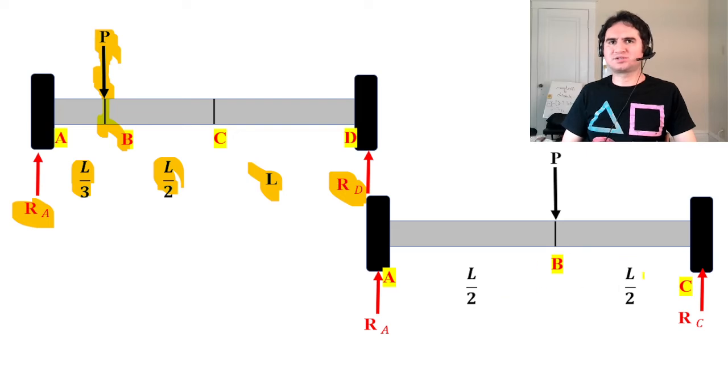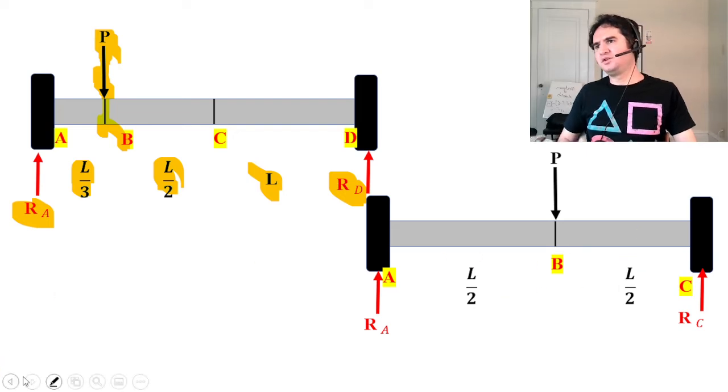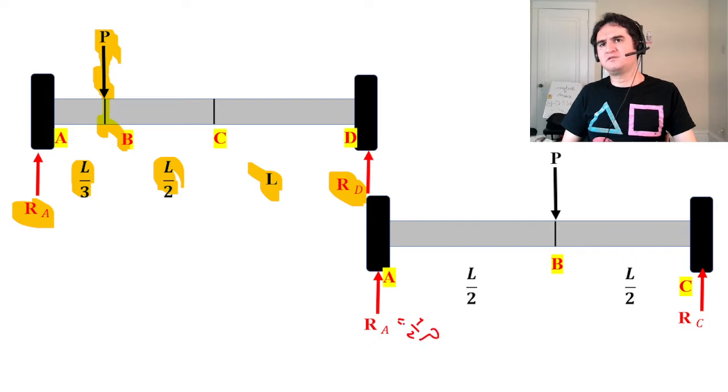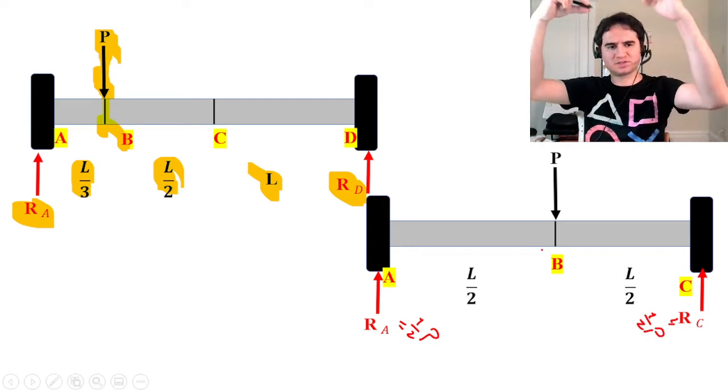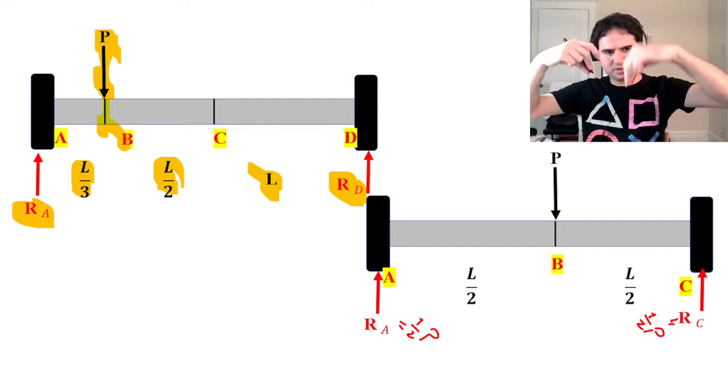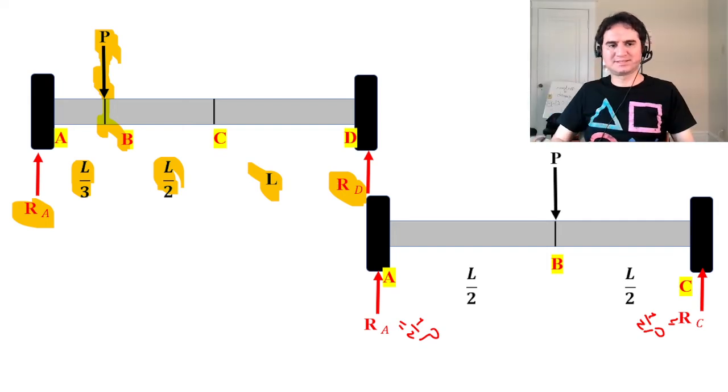In that case, due to symmetry, each of the reactions is half of P, and RC, again due to symmetry, is the other half. These two forces cancel out the concentrated compressive force applied at the center.